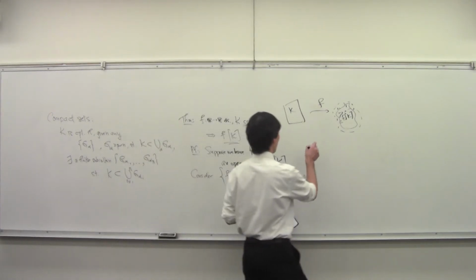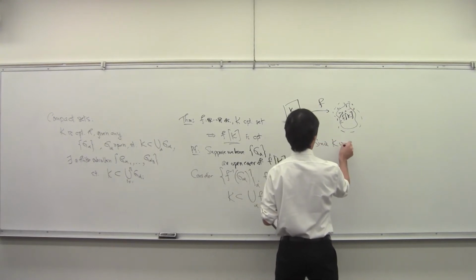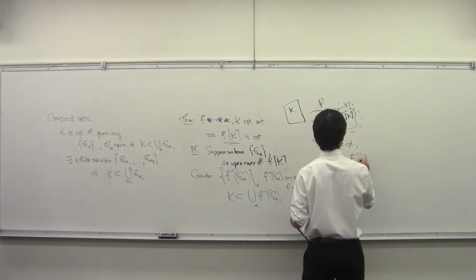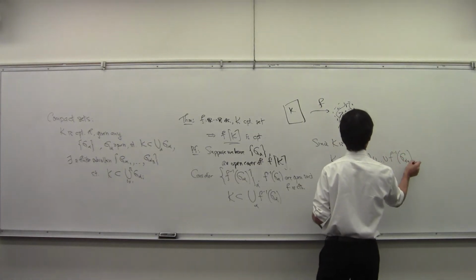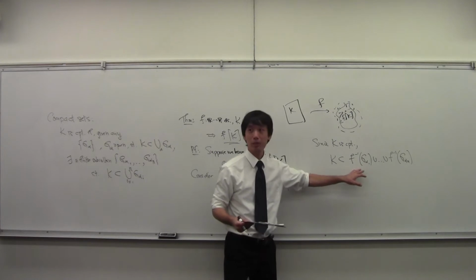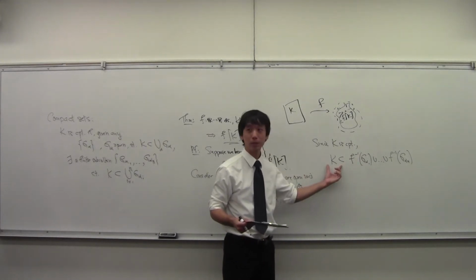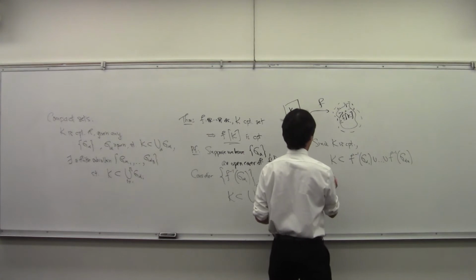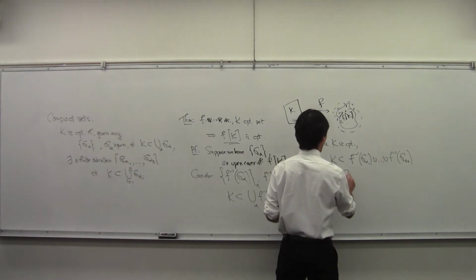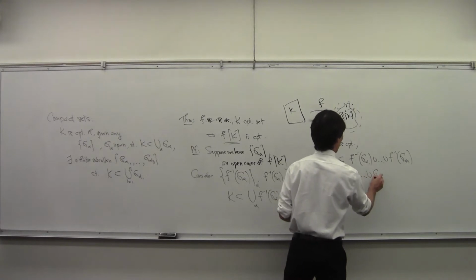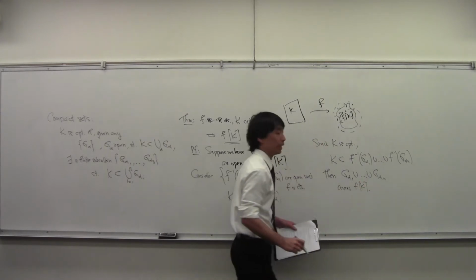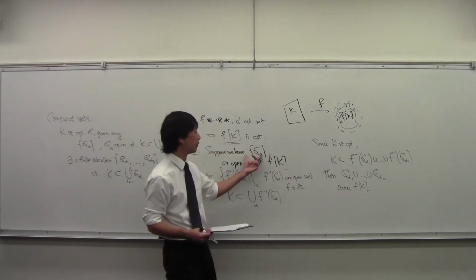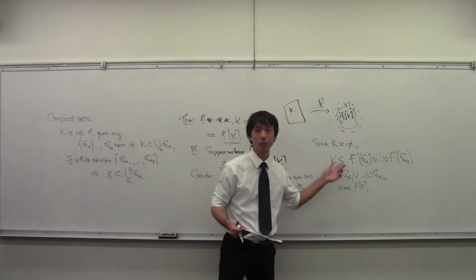And then since K is compact, as Nick said, there's some finite subcover that still covers K. But then G alpha 1 through G alpha n covers F of K. So we started from our open cover, and we ended up with a finite subcover.